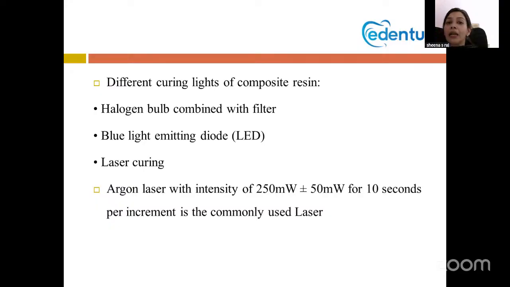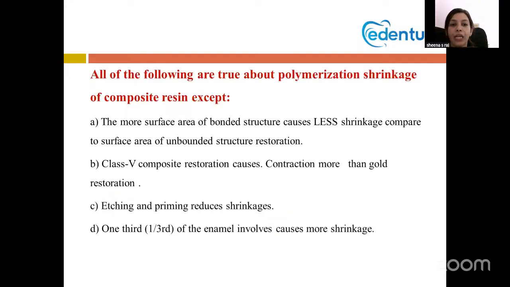Among lasers, the most common is the argon laser, with an intensity of 250 milliwatts plus or minus 50 for 10 seconds, and it is also done in increments. Next question: all of the following are true about polymerization shrinkage of composite except.